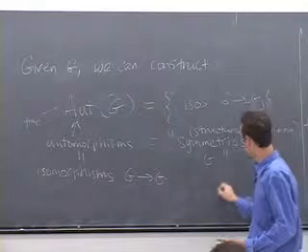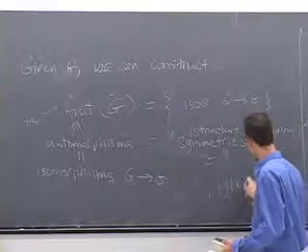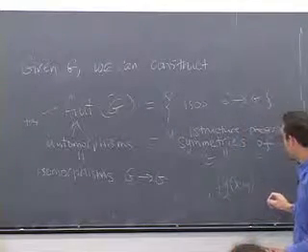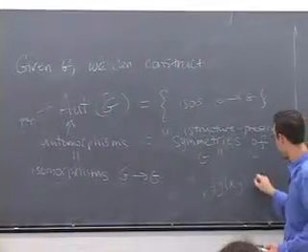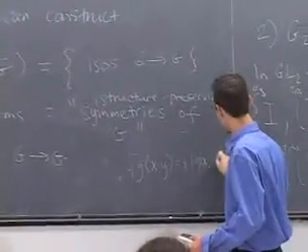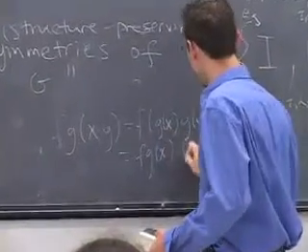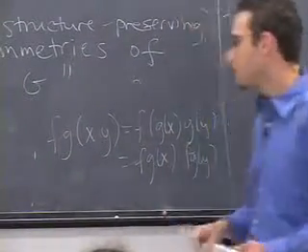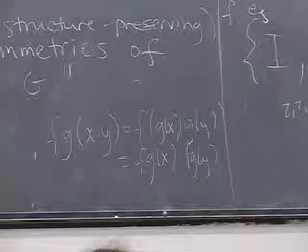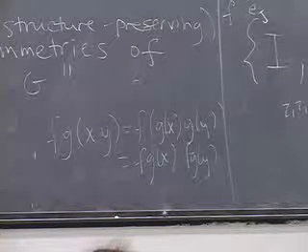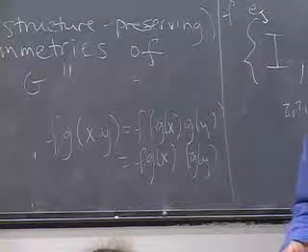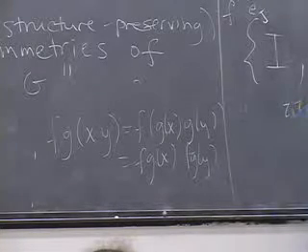And if you have, say, f and g isomorphisms, then fg(xy) is f of g(x), g(y), which is fg(x), fg(y). And the identity is certainly there. We have the usual identity map from G to itself, and that's certainly an isomorphism.